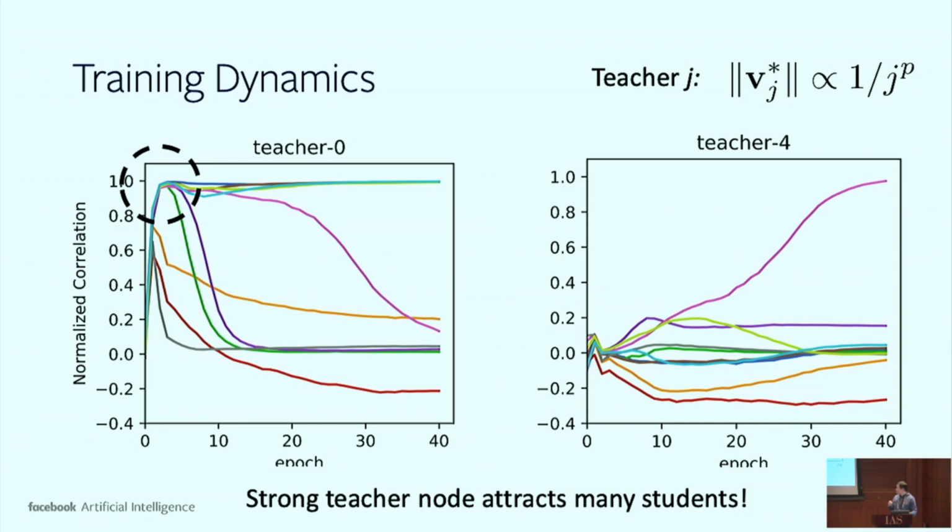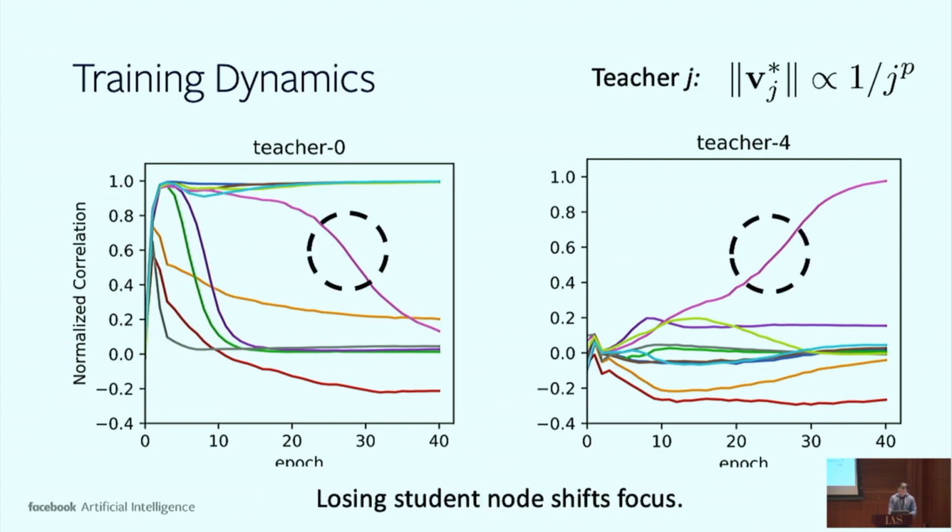But for weak teacher 4, for a long time you're not going to see a lot of correlations, until finally some students converge to teacher 4. So that's interesting dynamics, but I'm not going to show the theory here because we are using a semi-empirical, semi-theoretical approach to study what's going on.